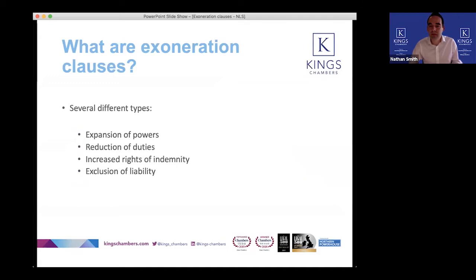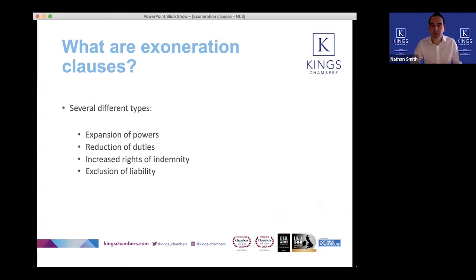You can have clauses that expand the powers of trustees or executors. You can have clauses that reduce their duties. You can also have provisions that increase the rights of indemnity from the trust. And then, of course, you have what we more commonly think of as exclusion clauses, namely ones that exclude liability for breaches of duty.